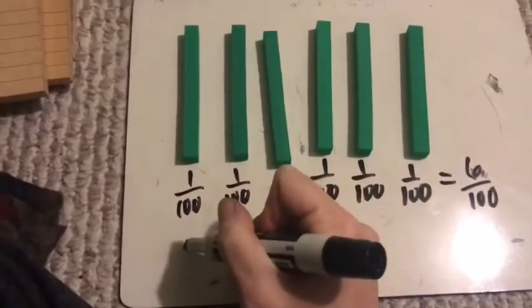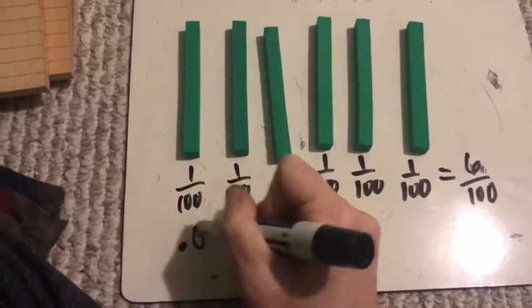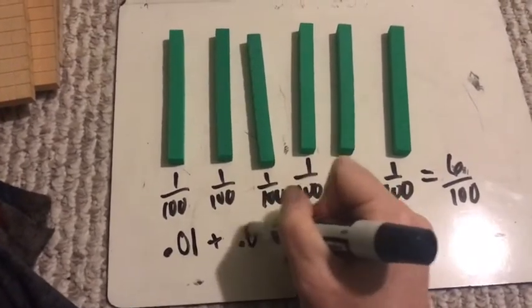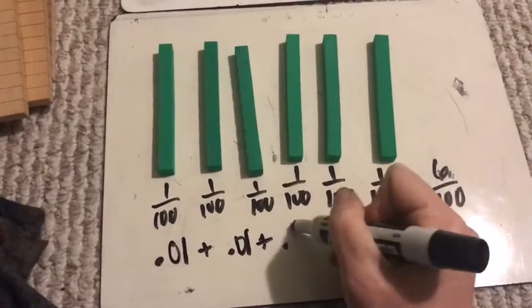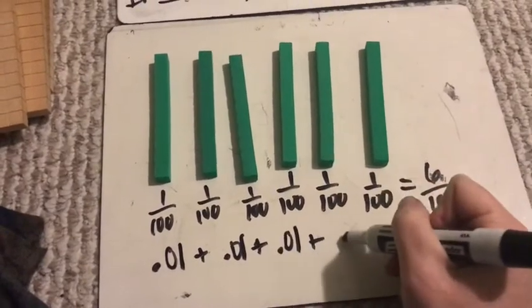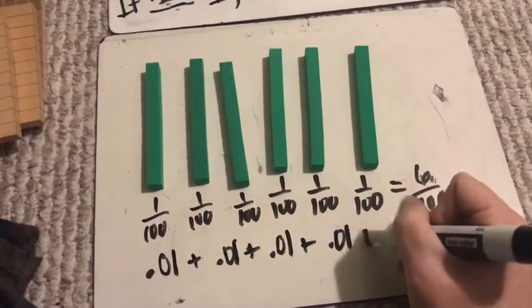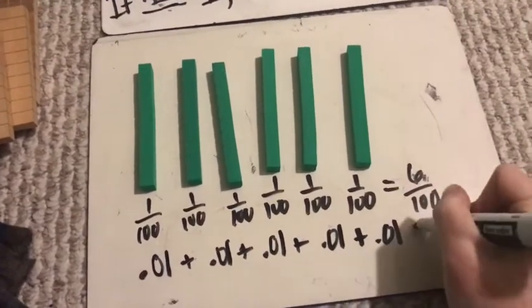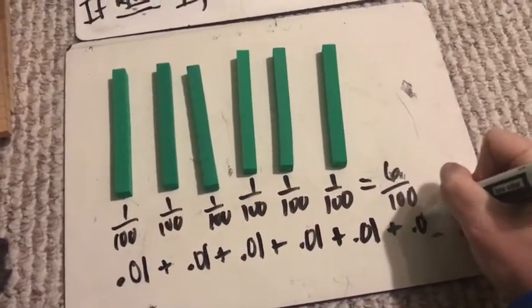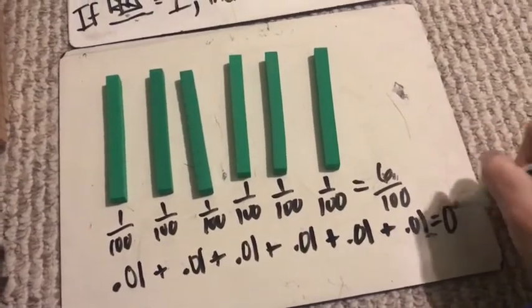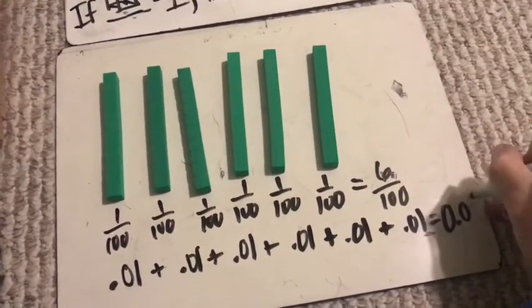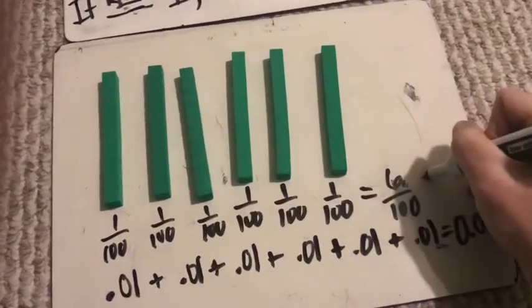If I wanted to write that as decimals, 100th plus 100th plus 100th plus 100th plus 100th plus 100th equals 0 wholes and 6 hundredths.